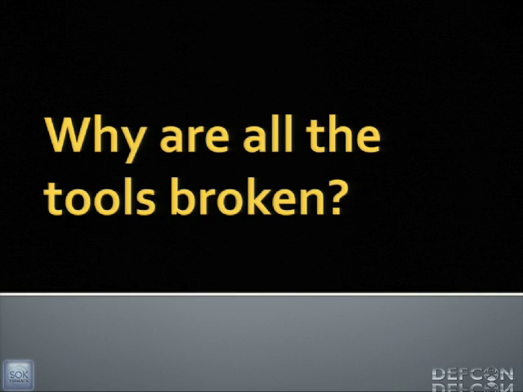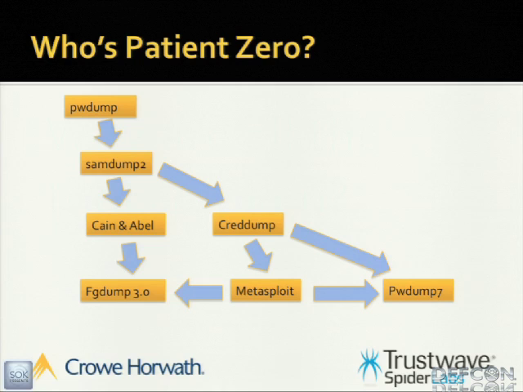What we did is we looked at a number of change logs, blog posts, attributions, and Twitter messages, I think in some cases, to figure out how these tools were influenced by the tools that came before them. So we put together a relational diagram that shows how these tools were influenced.